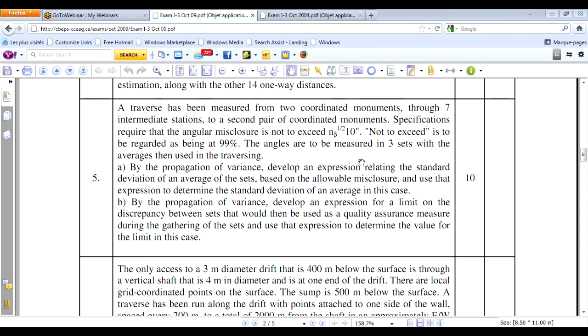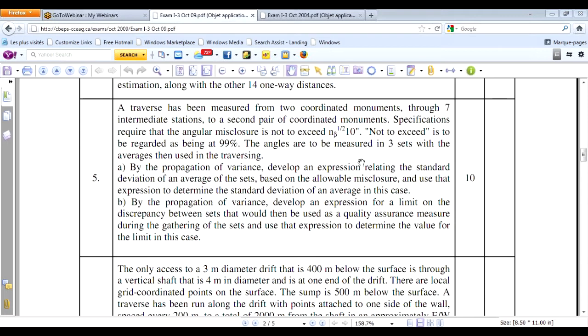If we then say, all right, well, if we take a certain number of sets, like n sub s sets, and average those to get the number that eventually goes into the misclosure calculation, then any individual set standard deviation is improved by a factor of 1 over root n sub s to get the average standard deviation, which is the one that goes into the deflection calculation.